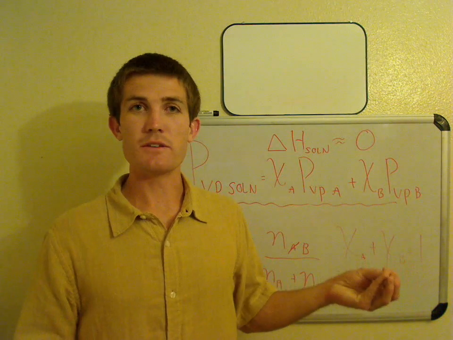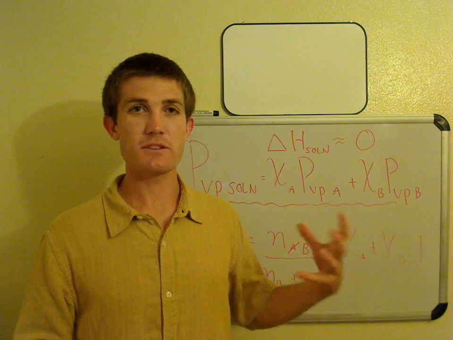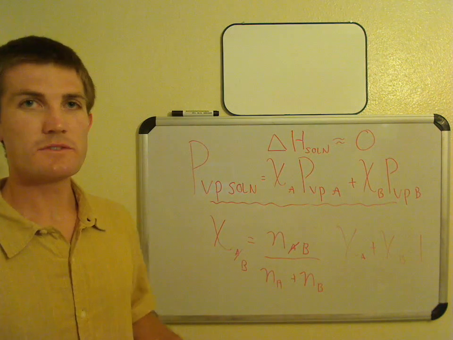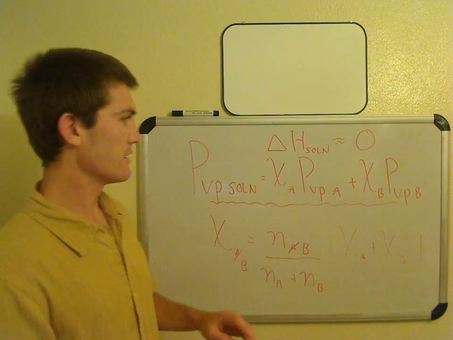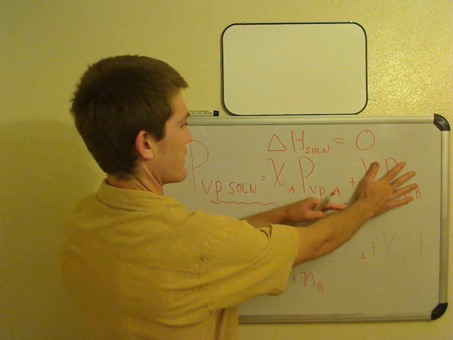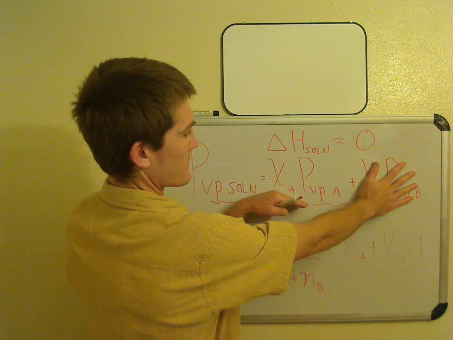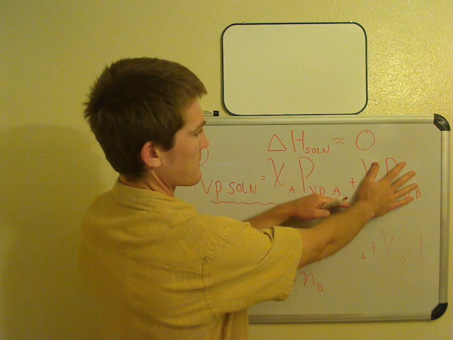In some of the problems that you've worked in the book, the solute is non-volatile, and the equation we use when the solute is non-volatile just looks like this half, where we have vapor pressure of solution equals the mole fraction of the solvent times the vapor pressure of the solvent.